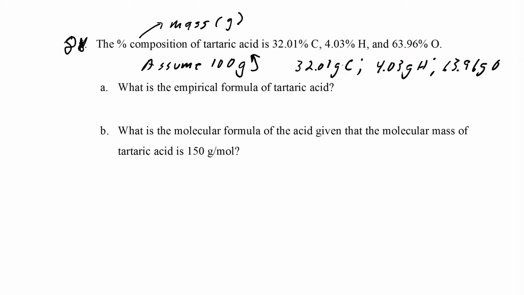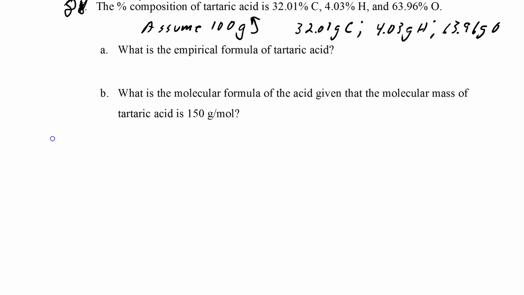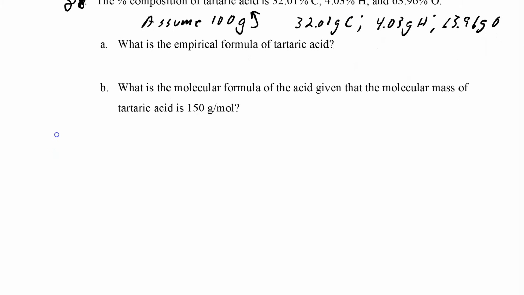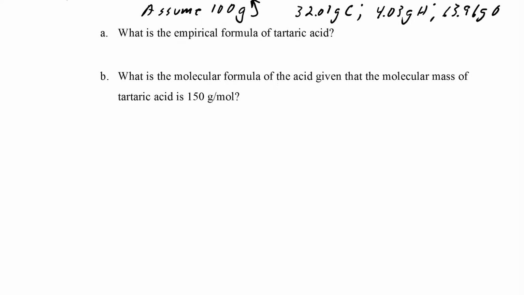So now we can just convert each of those three masses to moles, and then just find the smallest whole number ratio. So let's set our three elements here. We have carbon, we have hydrogen, we have oxygen.